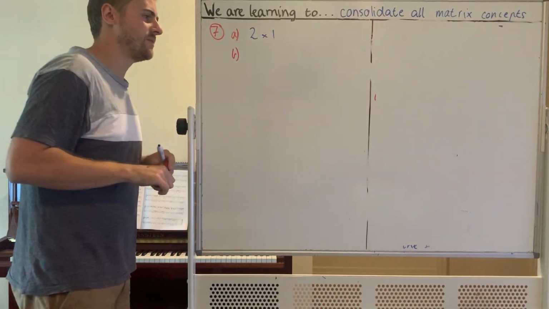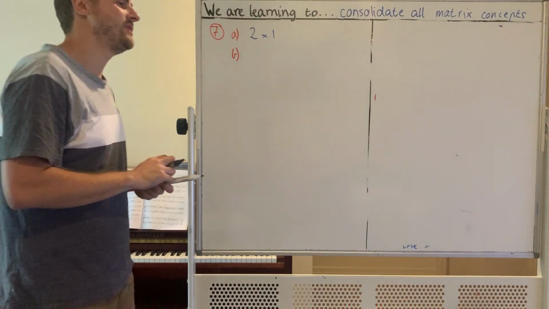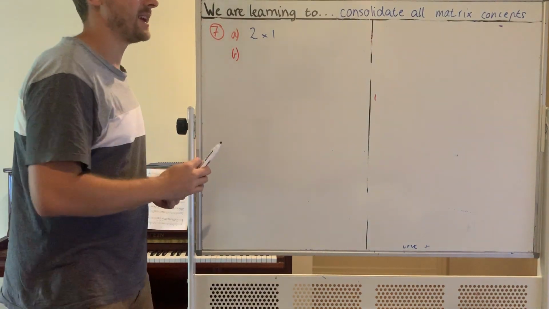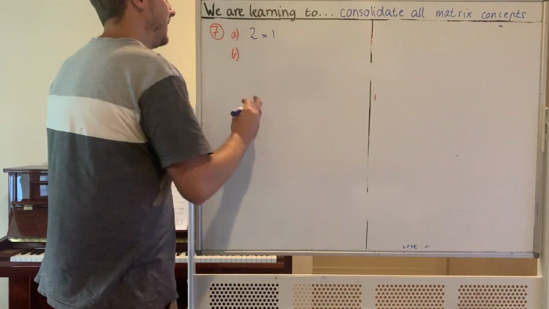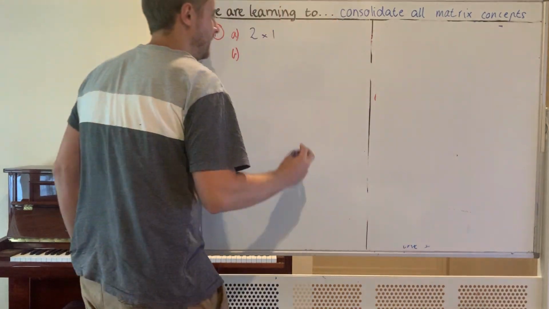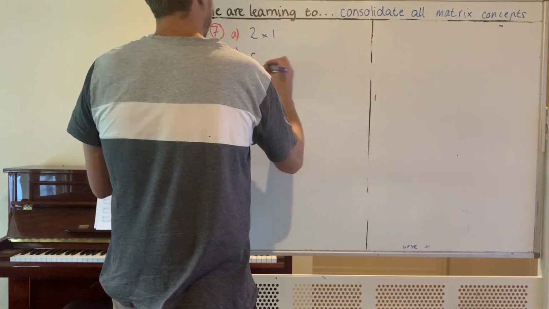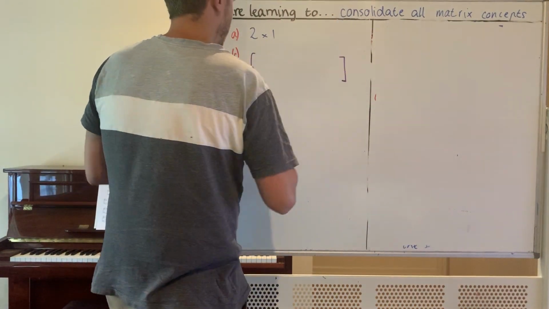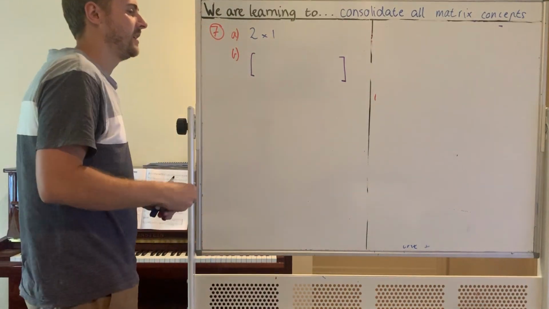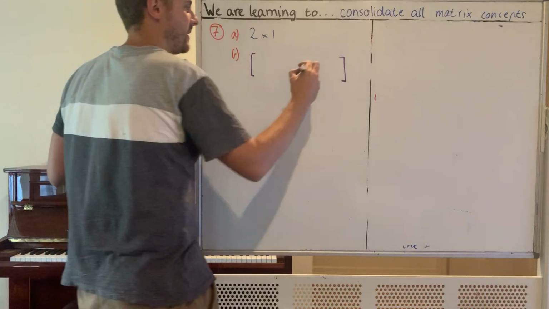Question B. Construct a row matrix to represent the percentages in decimal form of students who will be awarded one of the 5 grades. Alright, so this has a row matrix with 5 elements in it. Now, those 5 elements are going to be at the top end, high distinctions.